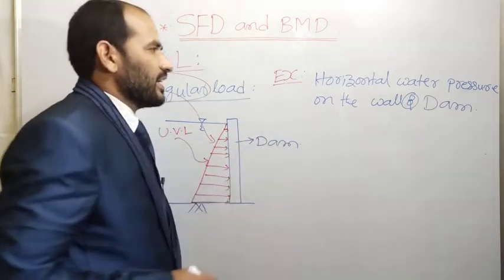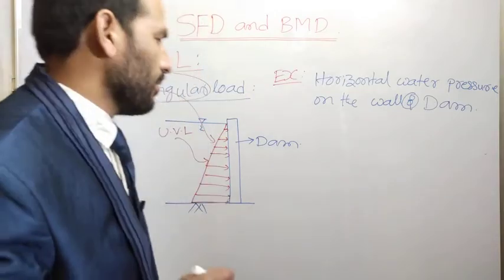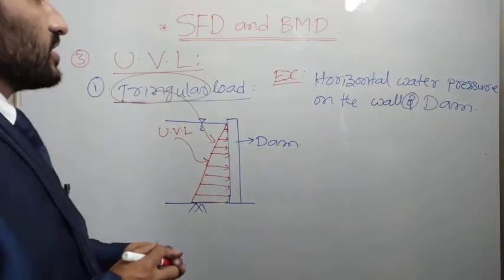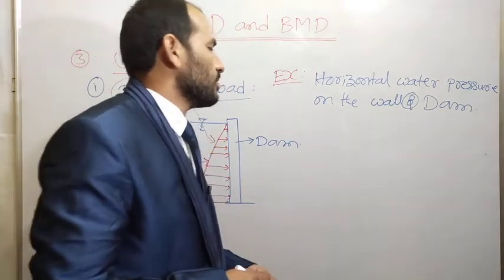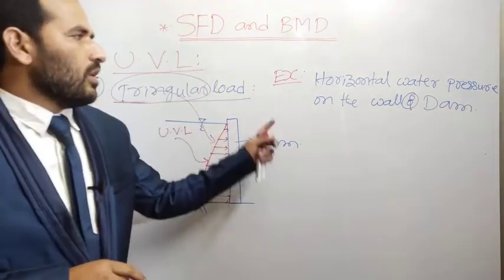The load is acting on the wall or on the dam. So this is called UVL load, and in the UVL load, this is the triangular load.